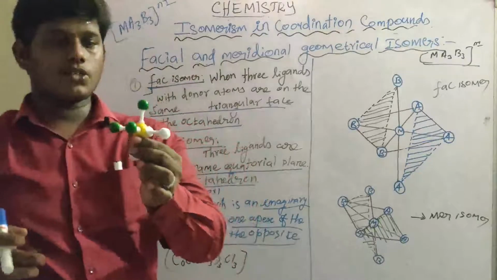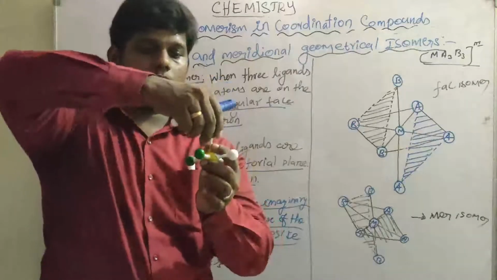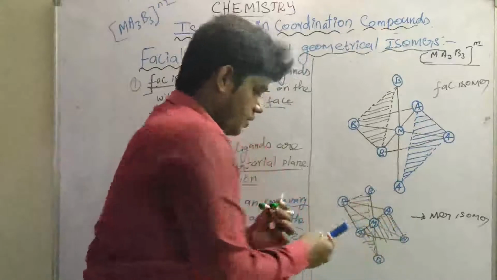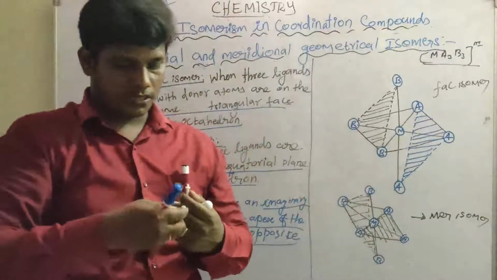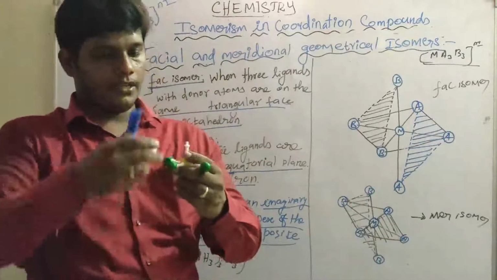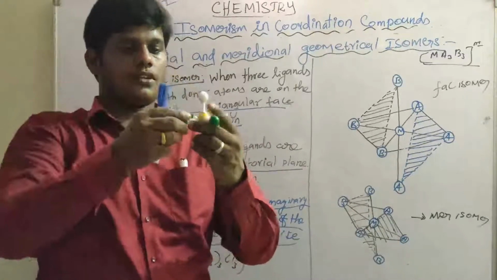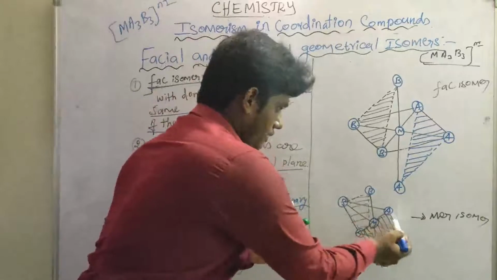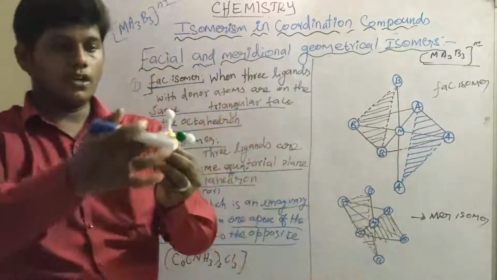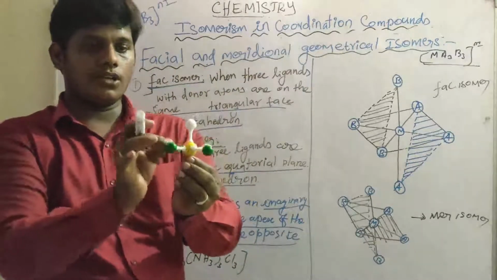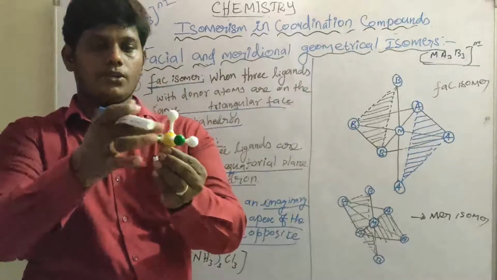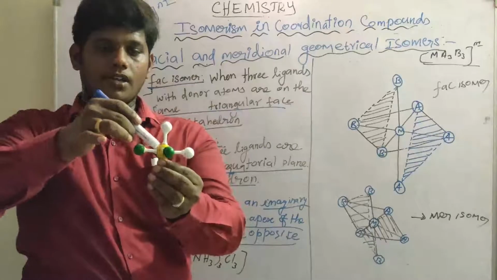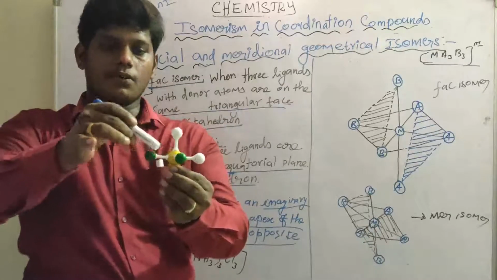Now the mer isomer means the three A ligands occupy equatorial positions 1, 2, 3. These three ligands are in the equatorial position, so it forms one triangular plane.